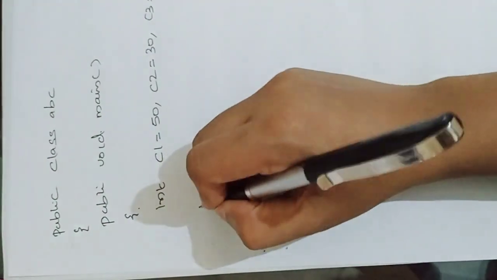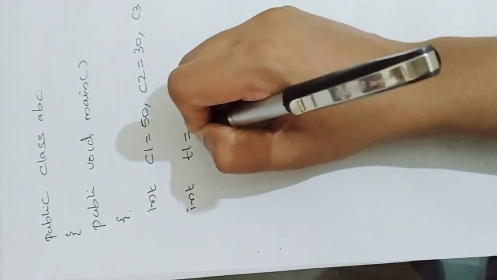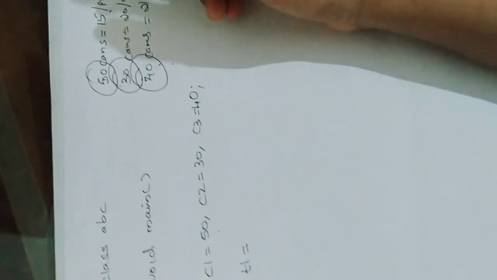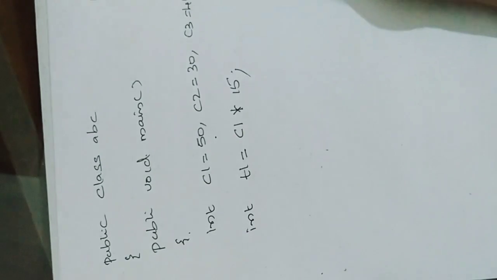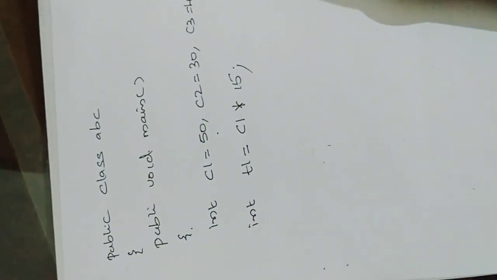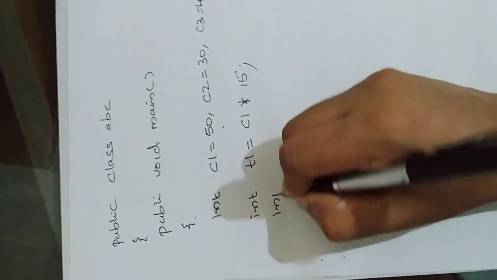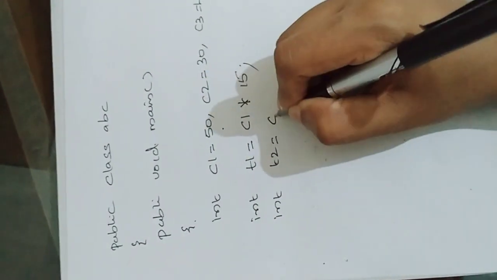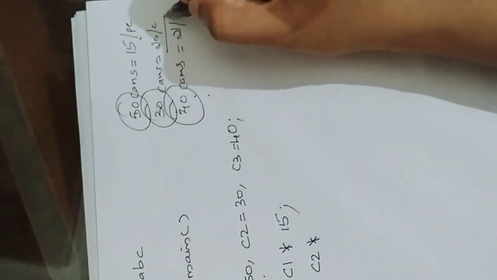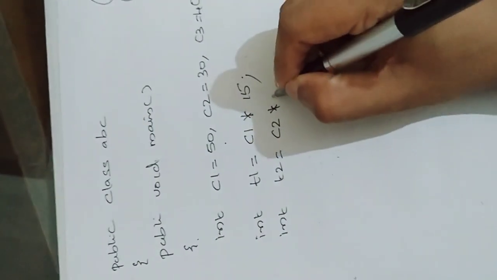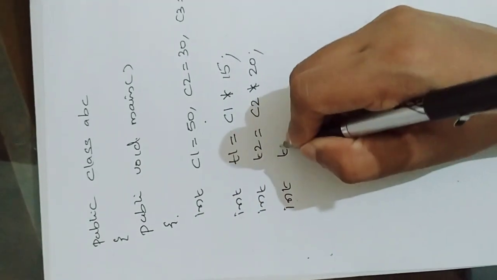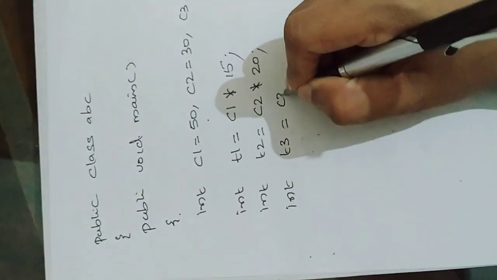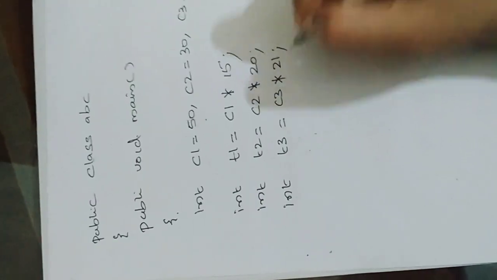And I will declare int t1 is equal to c1 star 15, since 50 cans at rupees 15. This way you will calculate, no? 50 into 15. Next, int t2 is equal to c2 star 20 per can. So 20. Next, int t3 is equal to c3 star 21.